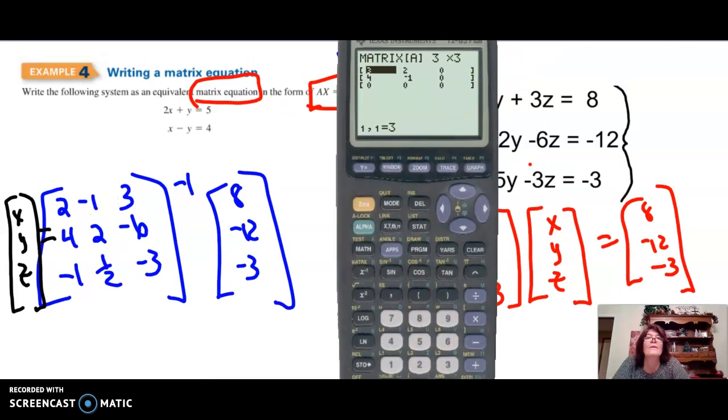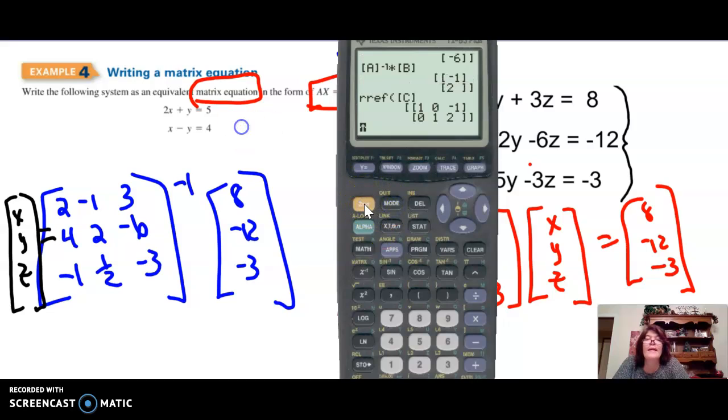It's 2, enter. -1, enter. 3, 4, enter. 2, -6, -1, 1/2, and -3. There's my matrix A.